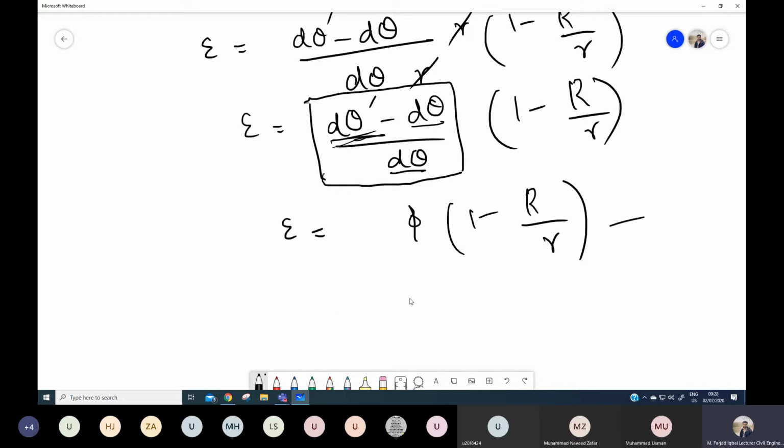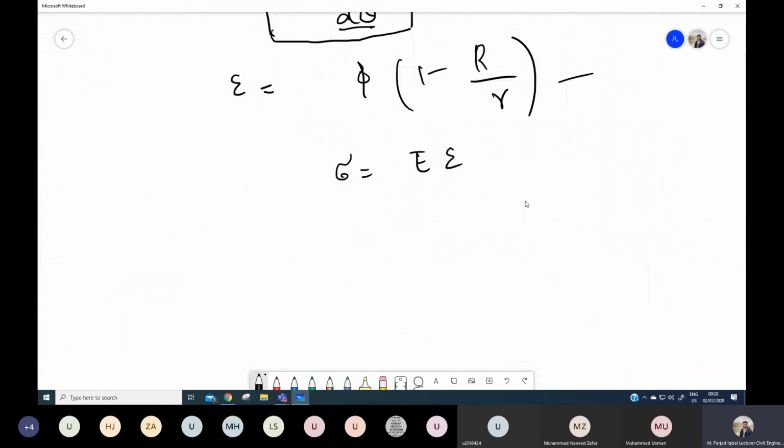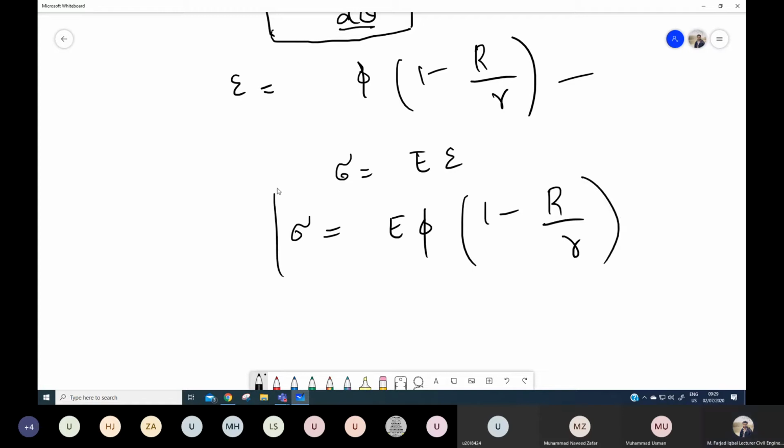And since we are interested in figuring out the stresses, we know that for an elastic material, the stress is strain into modulus of elasticity. So if I replace this strain into this equation, I will get the stress as E into phi into 1 minus capital R over r, right?